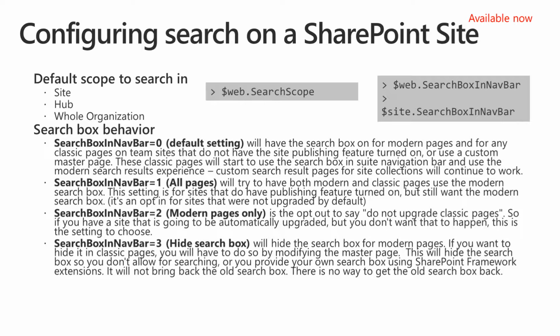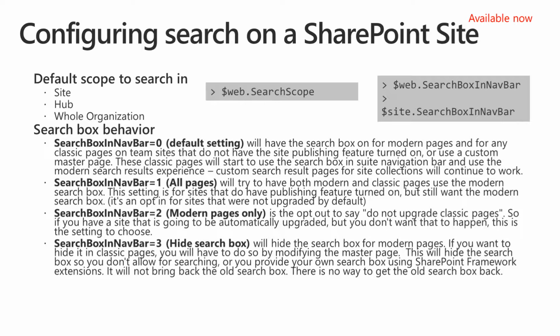So 0 is the default setting, and this is the behavior that I was telling you about, where we will try to upgrade the team sites that don't have the publishing feature turned on or don't use a custom master page. And the search box will just move to the top, will be removed from the page, and then you're starting to use the setting there. And any sites that have the site publishing feature turned on or have a custom master page, they do not see any change, basically.